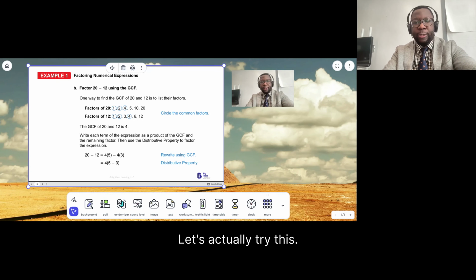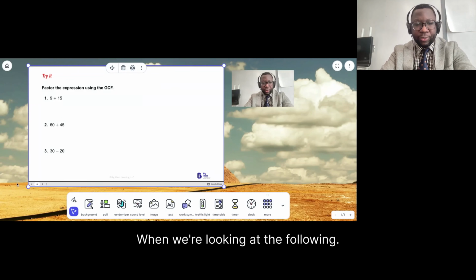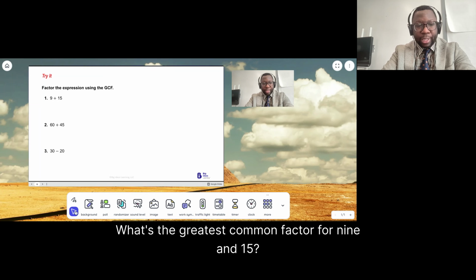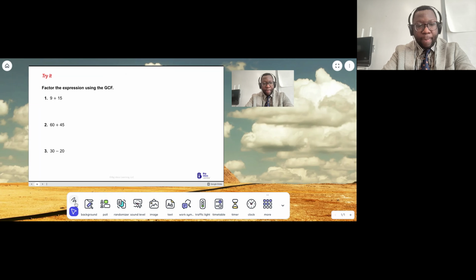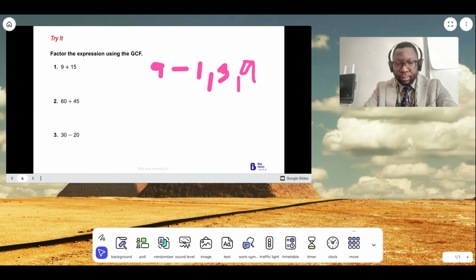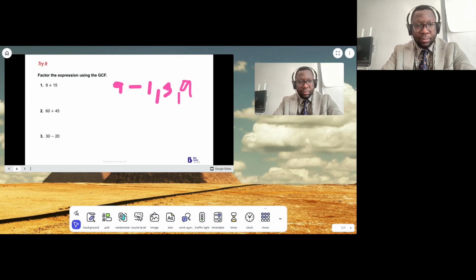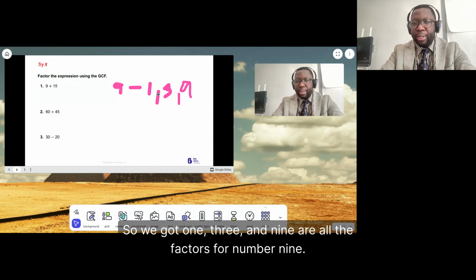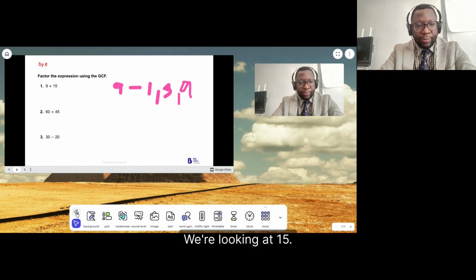Let's actually try this. When we're looking at the following, and we see 9 and 15, what's the greatest common factor for 9 and 15? Let's try that again. So we got 1, 3, and 9 are all the factors for the number 9. What about 15?